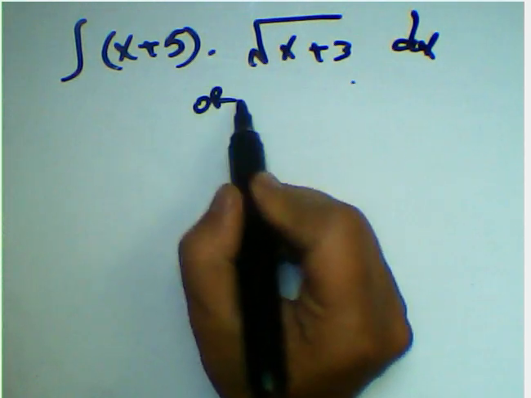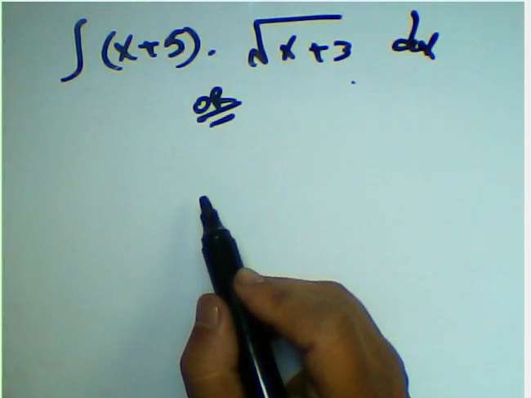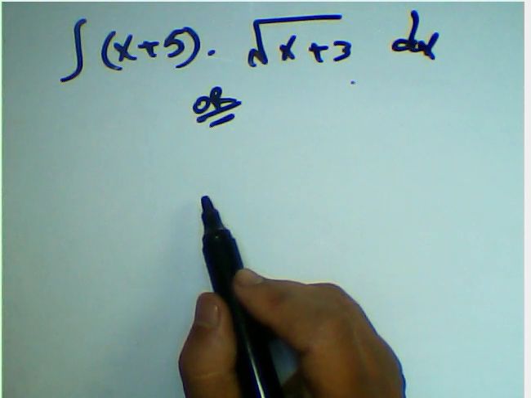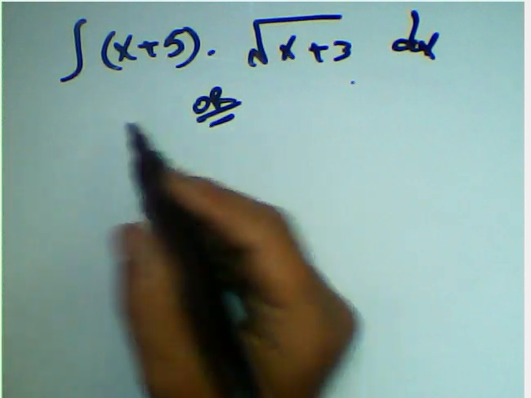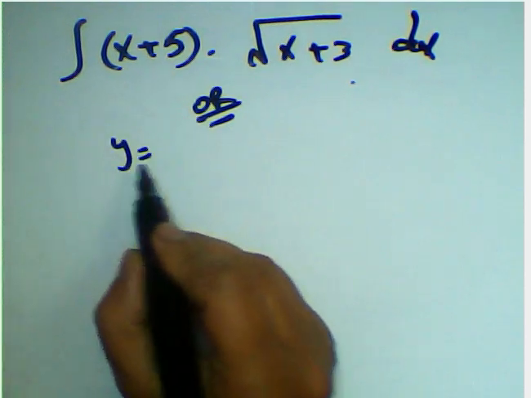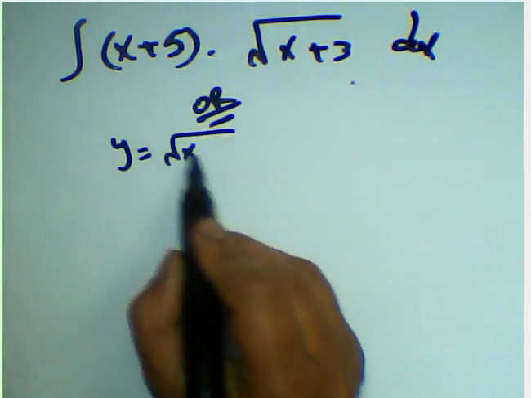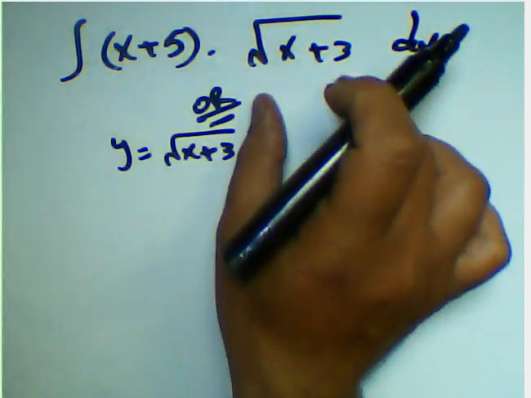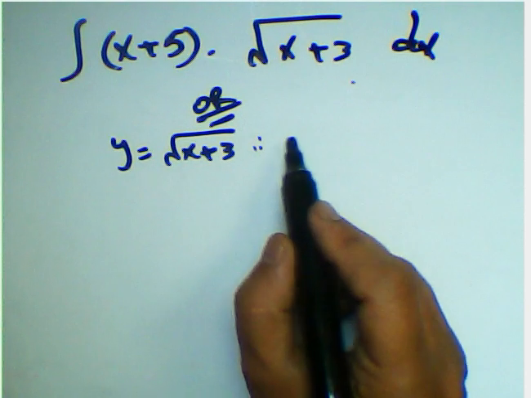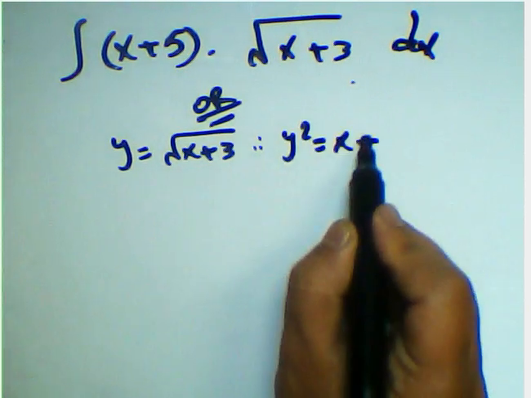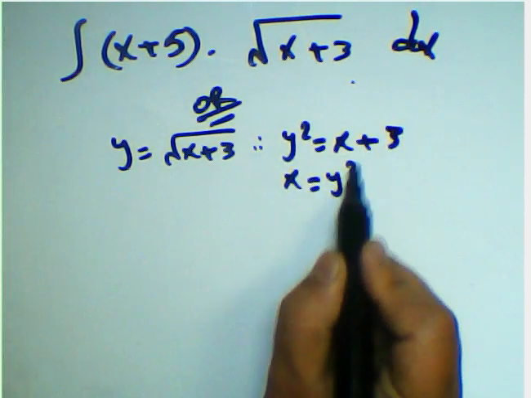Or we can solve this example by substitution, integration by substitution. Okay, let y equal the square root of x plus 3, then y power 2 will be x plus 3, then x equals y power 2 minus 3.